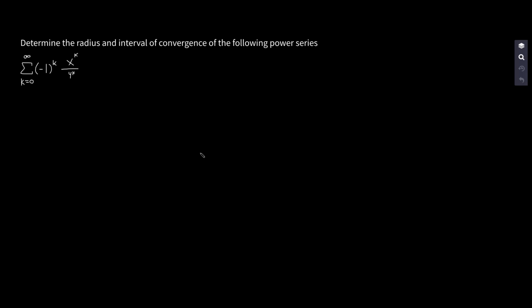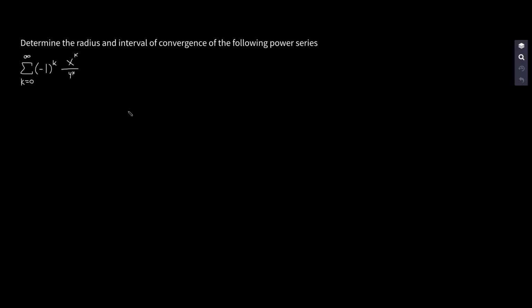series. The power series being the summation from k equals 1 to infinity for negative 1 raised to the power of k, which indicates that it's going to be alternating, times x raised to the power of k over 4 raised to the power of k.